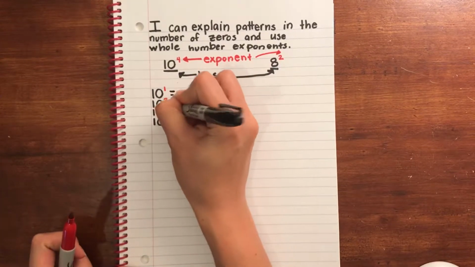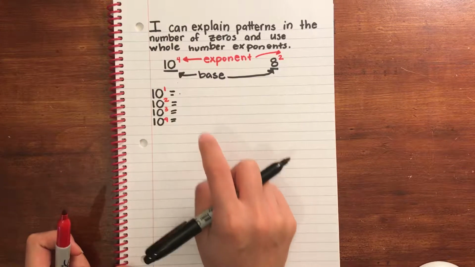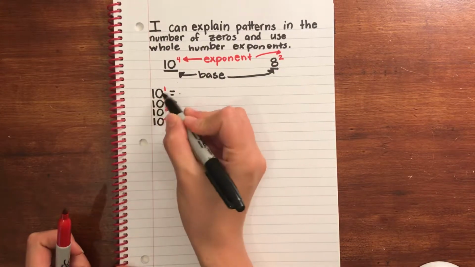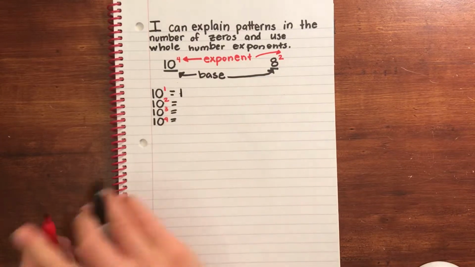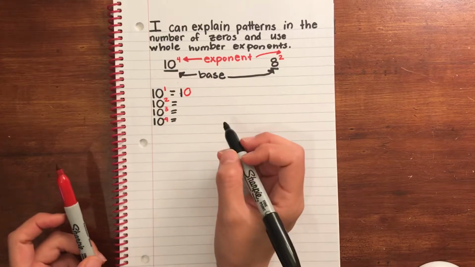Okay, so if we were to expand out and write each one as a product of tens, remember the exponent tells us how many times we're multiplying the base by itself. So if I just have 1, I just have 1 ten. What about 10 to the second power?